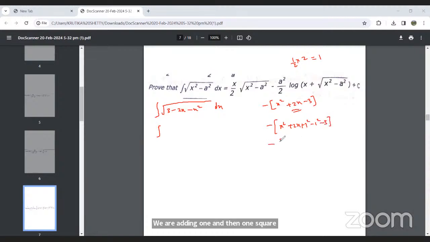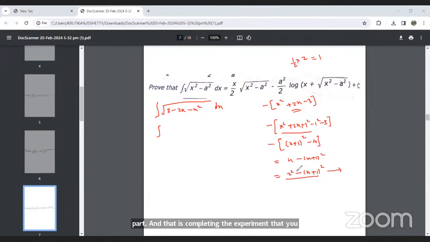When you simplify, we get x plus 1 whole square, and minus 1 square minus 3, which is minus 4. So we get 4 minus x plus 1 whole square, or 2 square minus x plus 1 whole square. This is just 10th standard part, the completing the square method you might have studied. So we have got it in the form of 2 square minus x plus 1 whole square.